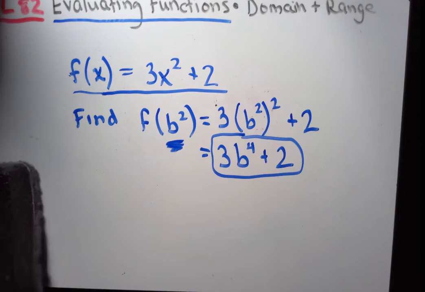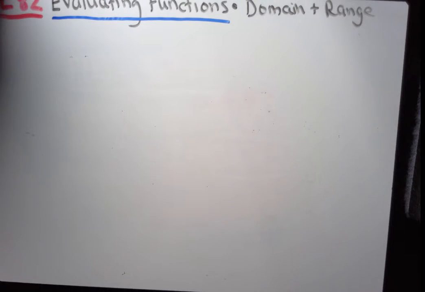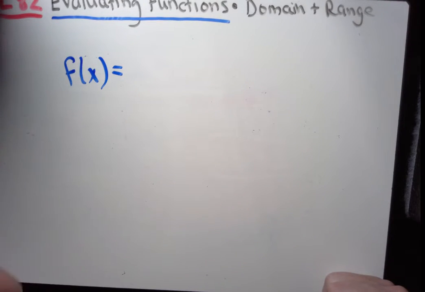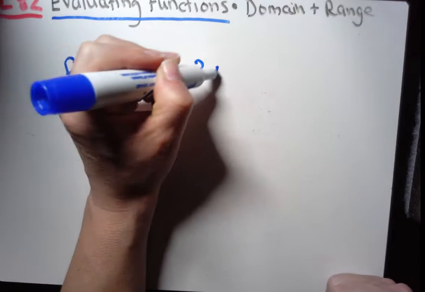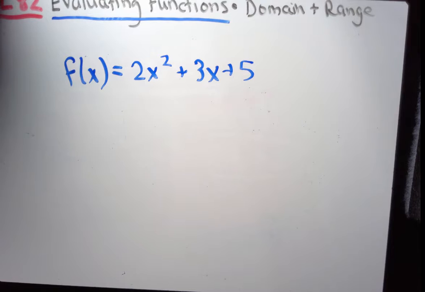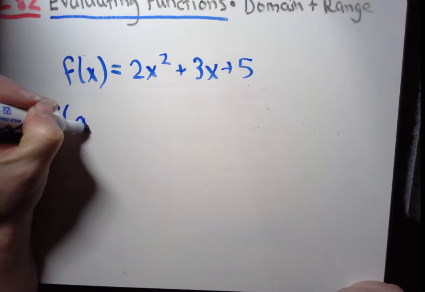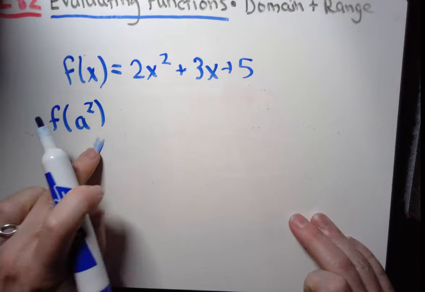So let's do another example like this. So if I have f of x equals 2x squared plus 3x plus 5, and I'm asked to find f of a squared.